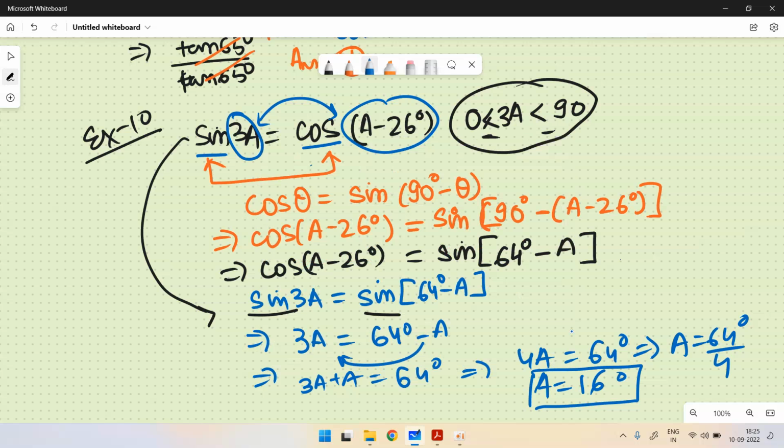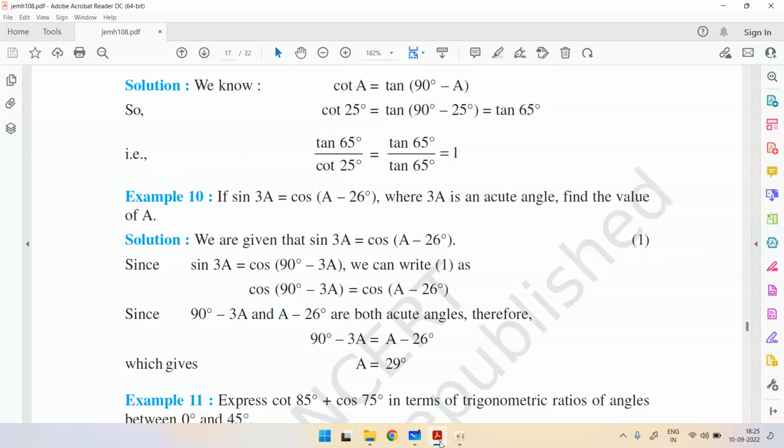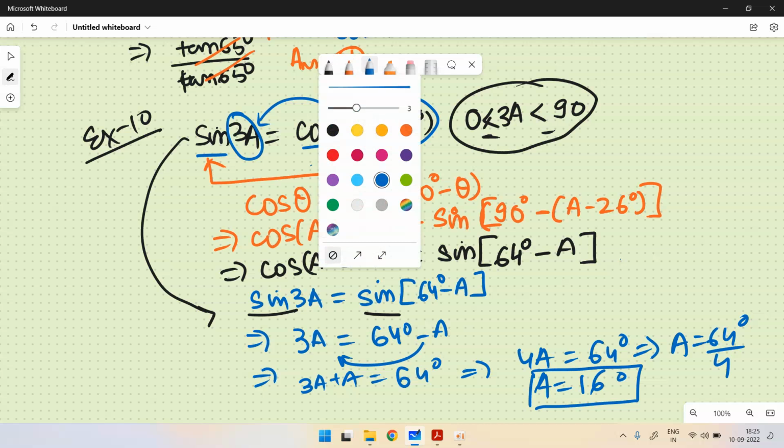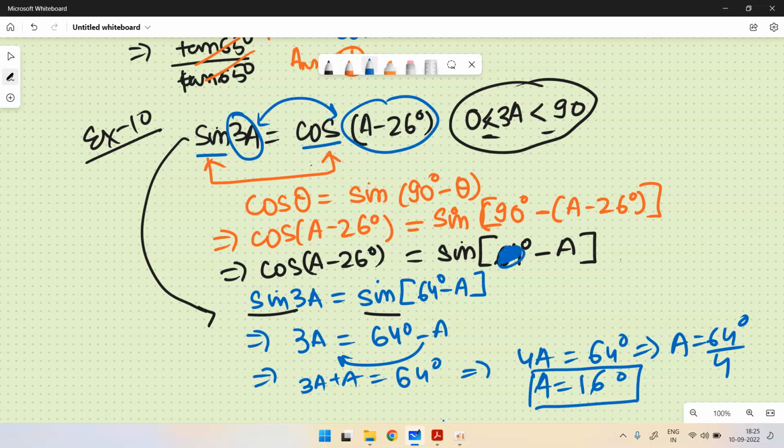Sorry, correction. Cos theta is sine of 90 degree minus theta, and in place of theta I write a minus 26, so the 26 becomes plus. So this is not 64, this is 90 plus 26, which is 116.